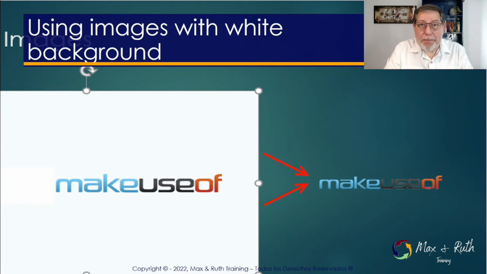It's very common to see this in starting presenters and trainers when they want to use an image that they copy from another place and paste onto their presentations. The image is pasted with a white background, and you immediately know that this was a copy and paste operation. Avoid doing this.